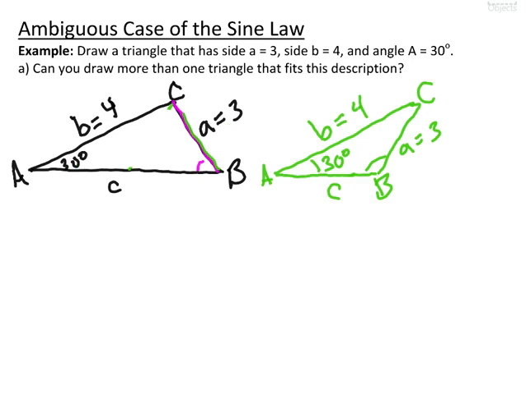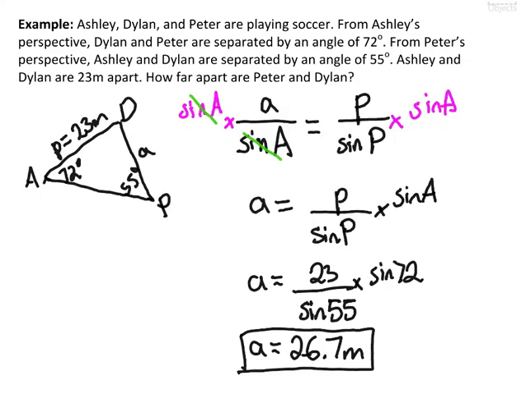So if you notice in the first question that we did here, with Ashley, Dylan, and Peter, we knew two angles and one side. If you know two angles and one side, that means you automatically know the third angle, right? Angle D here we could get by doing all angles add up to 180 degrees.